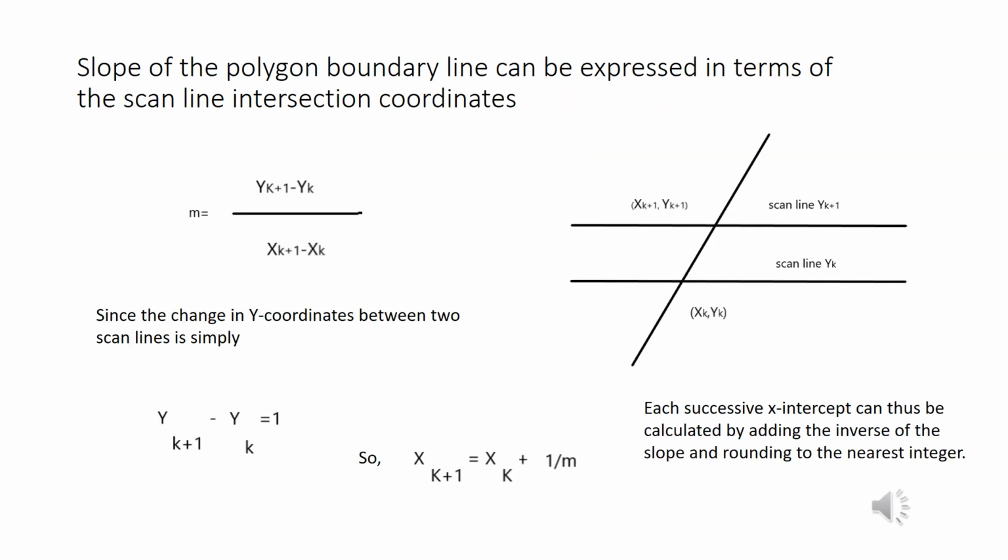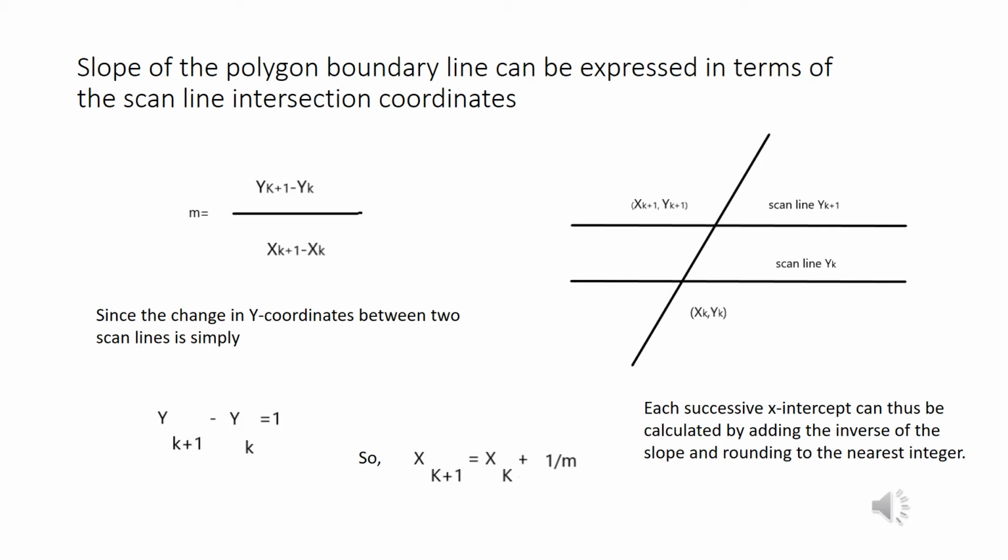Here in this slide, we can see the calculation of the slope of a polygon boundary. From this figure, you can see that two scan lines are being considered, scan line yk plus 1 and scan line yk, and they have intersected the polygon edge at (xk plus 1, yk plus 1) and (xk, yk). Thus, the slope of the polygon boundary can be easily calculated.